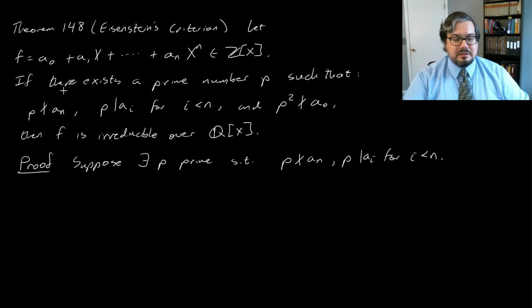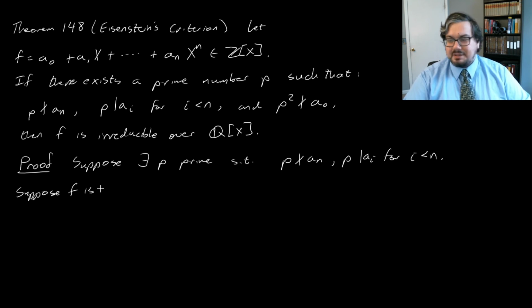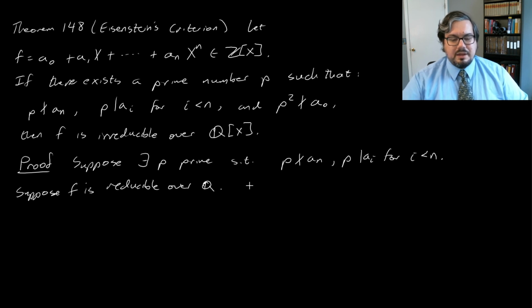So let's assume that everything's true about this except for the last part. We're not going to assume p squared does not divide a0. We're going to prove a contrapositive here. So let's suppose that f is reducible over Q. We will show then that p squared has to divide a0.